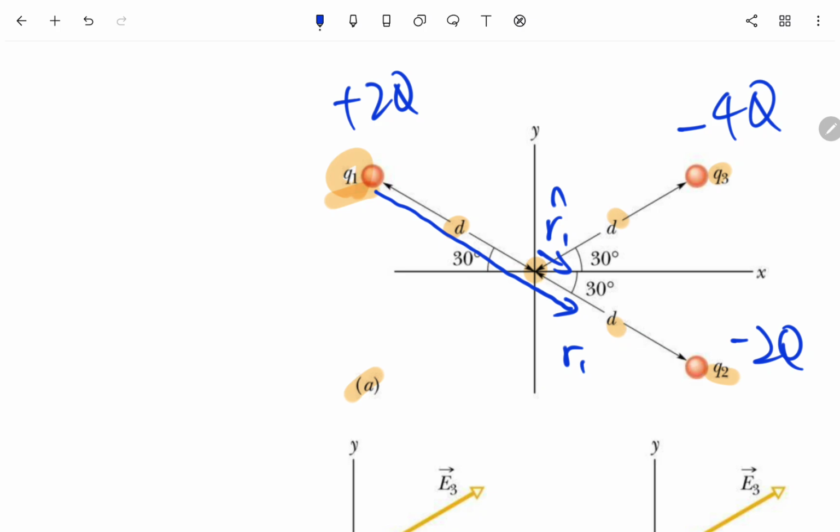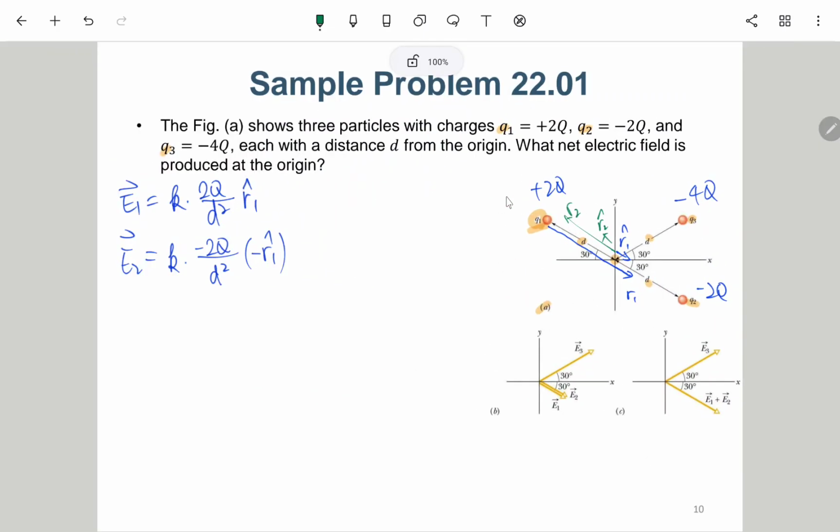So R2 is pointing to the top left, and R2 hat is also pointing to the top left. So R1 hat and R2 hat actually point in opposite directions. But if we define many R1 hat, R2 hat, R3 hat, then we have no way to compute. So we just substitute R2 hat to be negative R1 hat here.